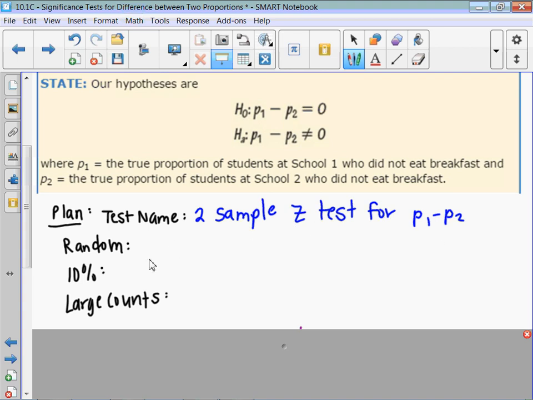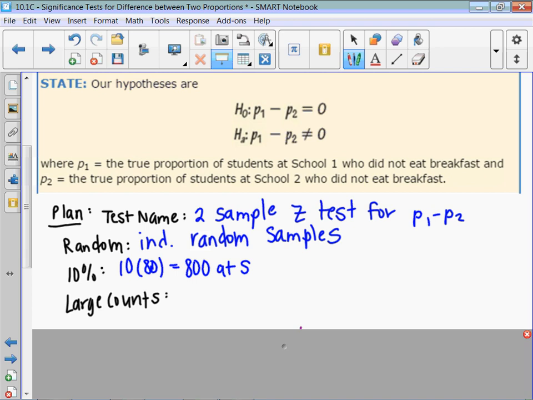All right? And then we're checking, is it random? And yes, we had independent random samples for both. 10% rule on both of these. So we need to check that we've got 10 times 80, so this would be at least 800 students at school 1.